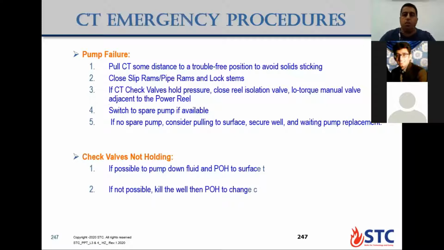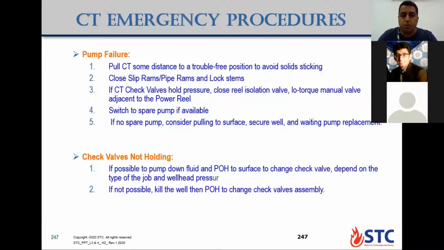Another situation, you have pump failure. Situation number 3. If you have a complete pump failure, you will pull the coiled tubing some distance to a free position to avoid solids sticking or the coiled tubing getting stuck at the bottom. You will close the slip and pipe ram and lock manual. You need to check that the check valve is holding the pressure, so there is no pressure buildup at the surface.